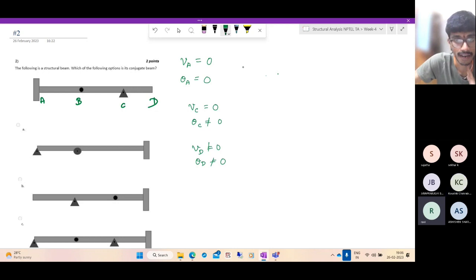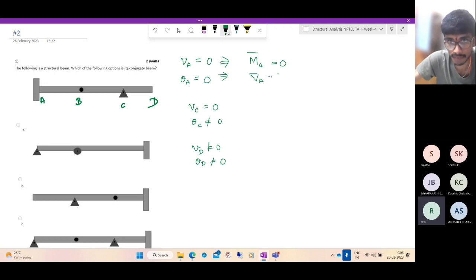So what does this mean? Now this corresponds to the conjugate conditions. Let us look at the conjugate conditions. I'll come to the point B; we'll see very soon why I have postponed it. On the conjugate beam, the displacement is the same as moment, which means the moment at point A on the conjugate beam is 0.